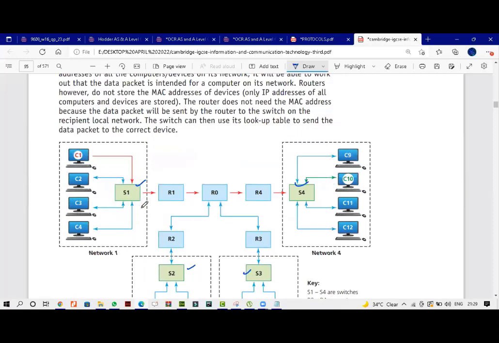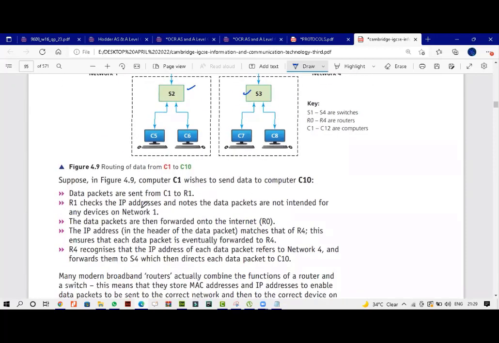Like I just told you before, when we are sending the data packets, in the header we have an IP address that says where you want the data packets to go. If I know where the data packets have to be forwarded, it will be mentioned there. So it will ensure data packets eventually reach R4. R4 will recognize the IP address of each packet and will forward it to network 4.